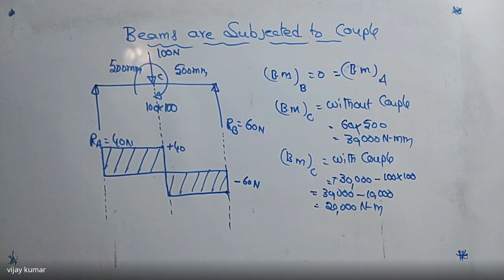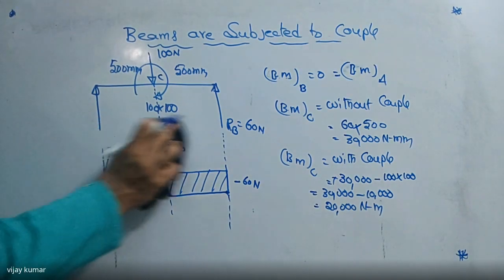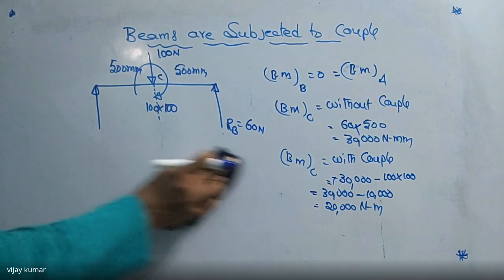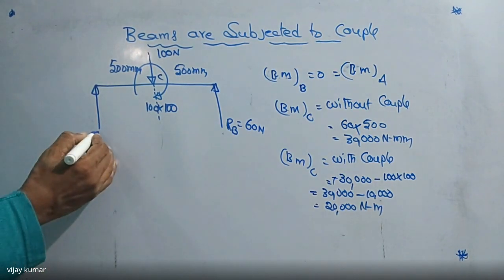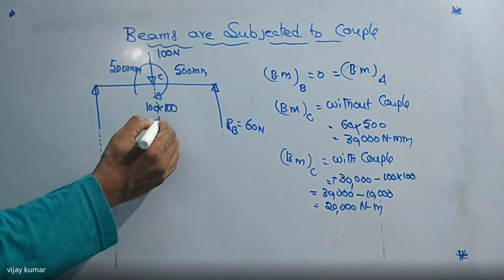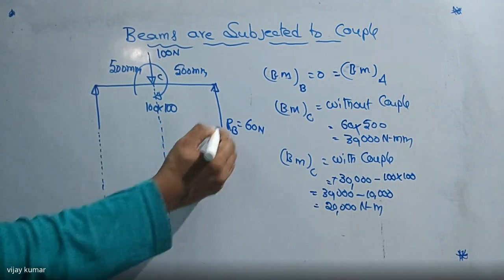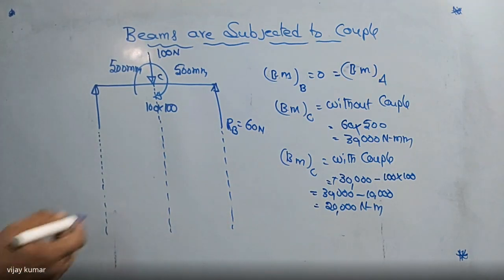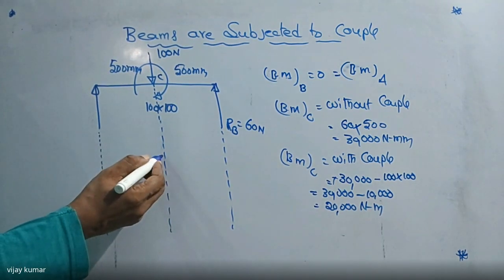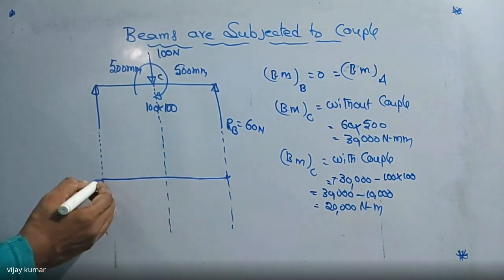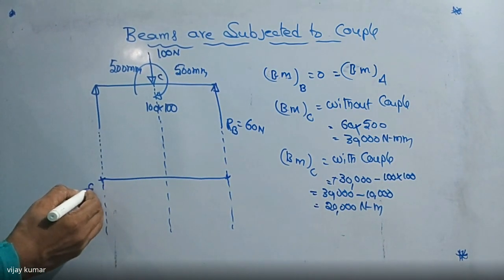Now I'm going to indicate that bending moment diagram. So listen carefully. So this is the point A and point B. At point A and point B, bending moment must be equal to 0.